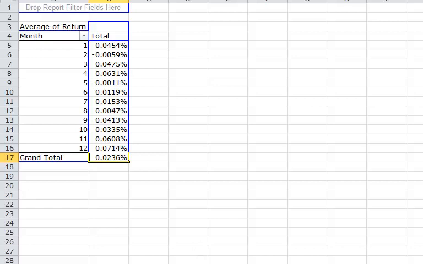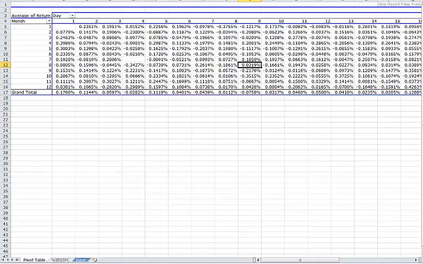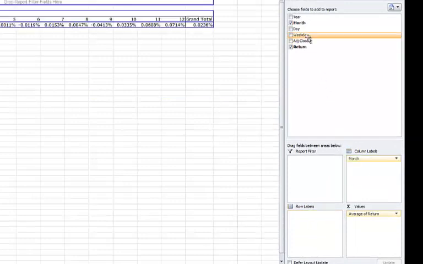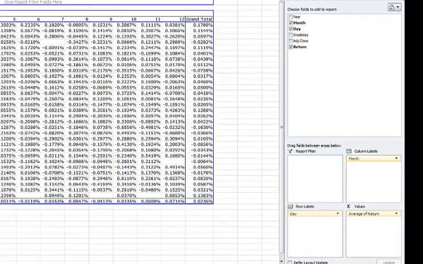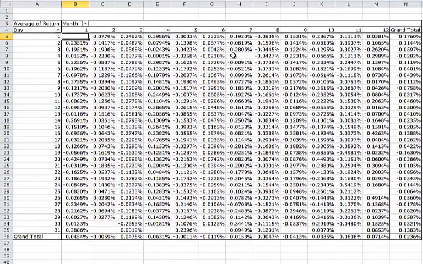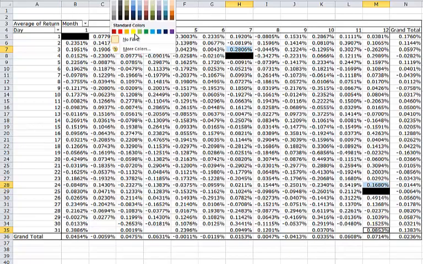But when you turn it in, I would like you to show me the holiday effect. So let's put month in the column. Let's put the day in the row like we did previously. Go ahead and black out the holidays where we have no data. And highlight the days right before the holidays.